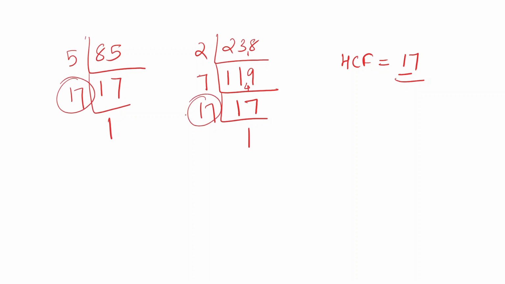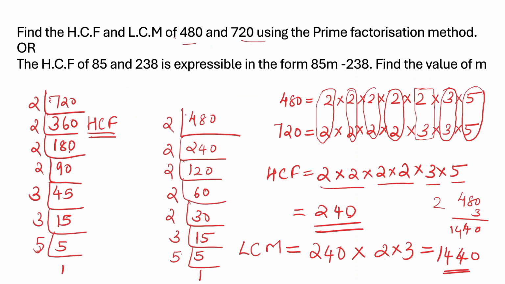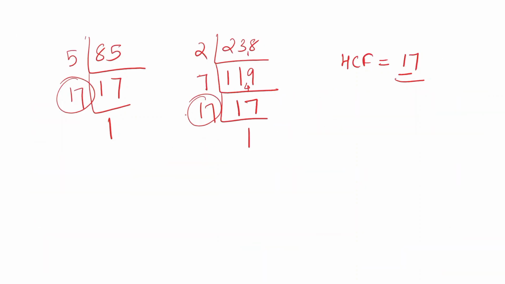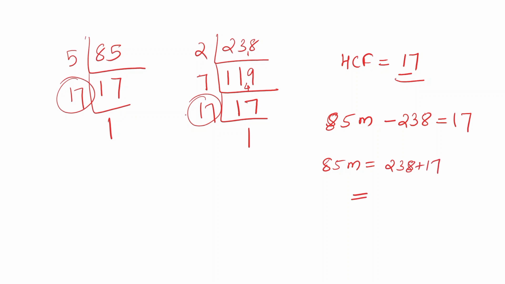So 17 can be expressed as 85m minus 238. So 85m minus 238 equals 17. So 85m equals 238 plus 17. 238 plus 17 is 255.